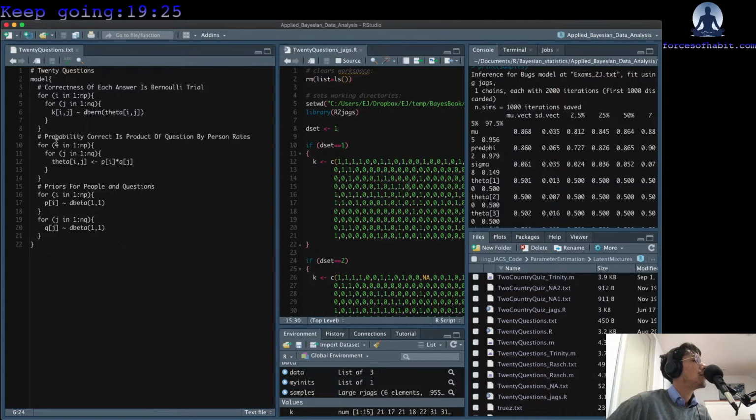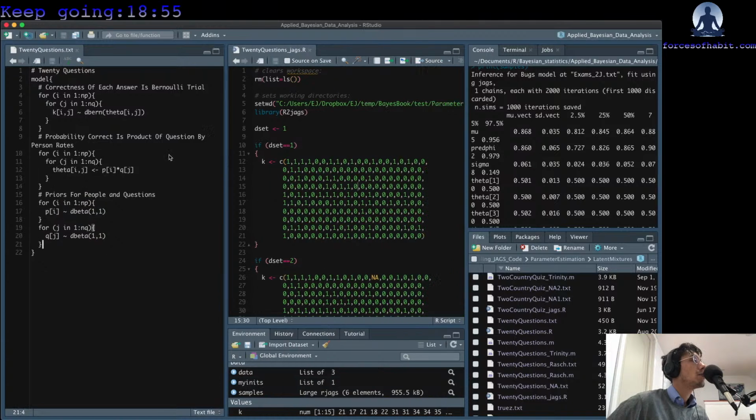So for each person, for each question, let theta ij be described by the probability of attentiveness and the probability of difficulty for a given person for a given question. And then we set the priors for the people and the questions, which are beta distributions, uninformative. So simple.